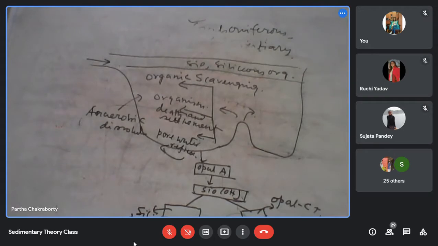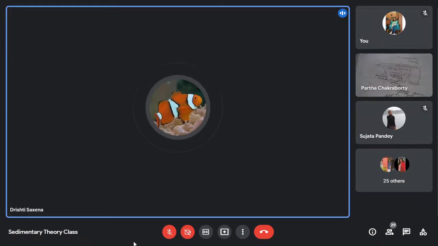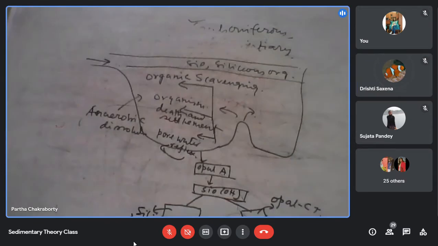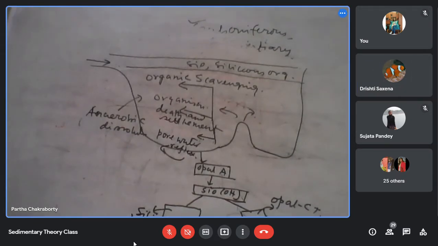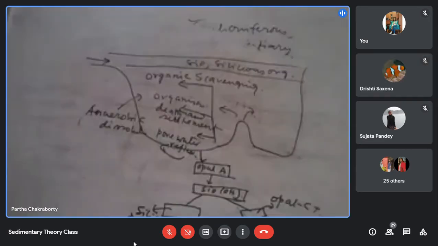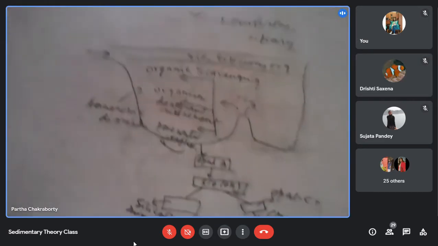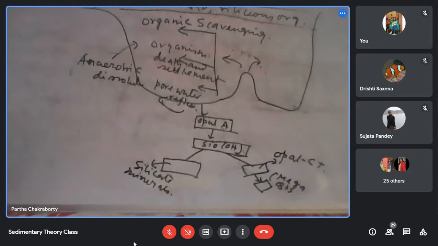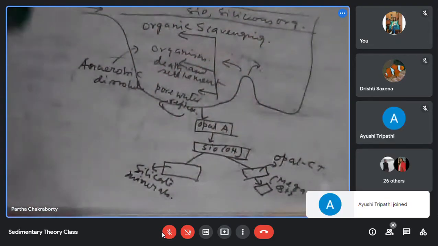If you have problem in reading any word, please let me know. Sir, after pore water, what is written? Pore water reflux. Okay, sir. I am now changing the screen to see the lower part. Okay. It is visible now. Yes.